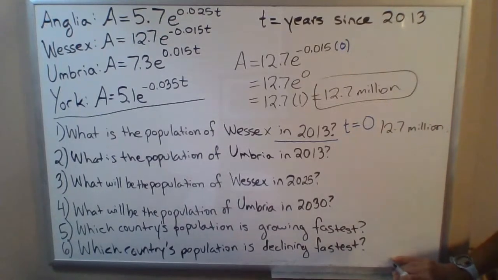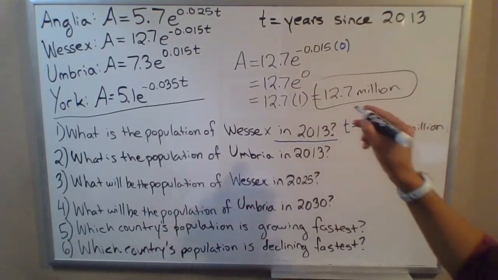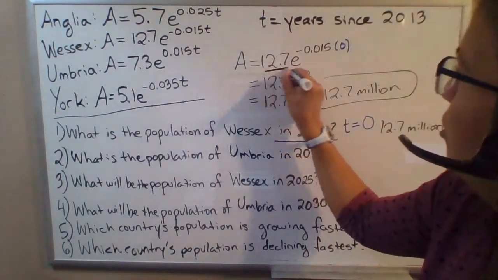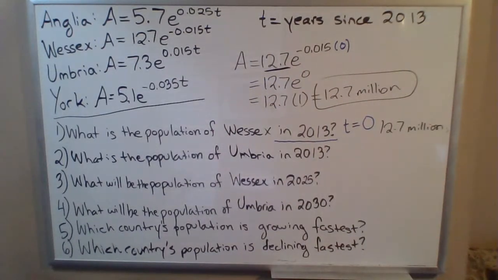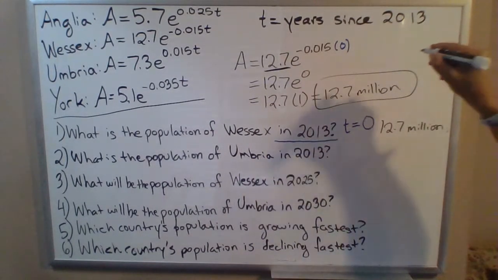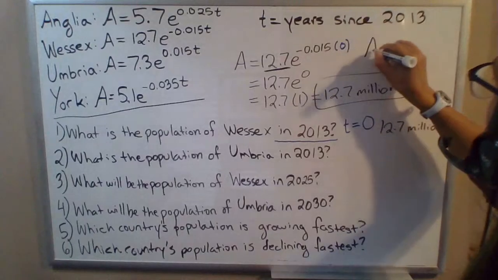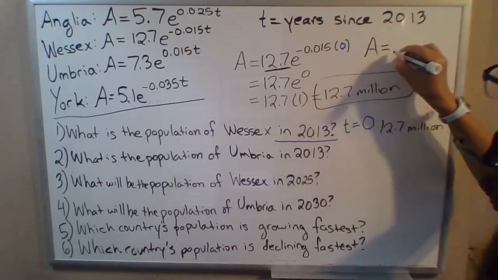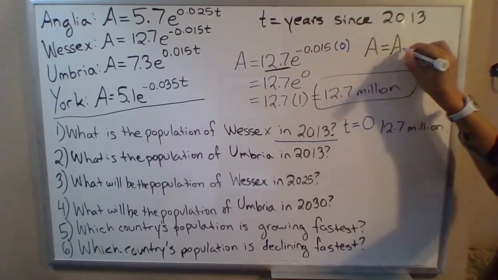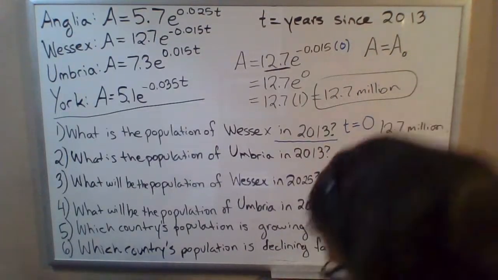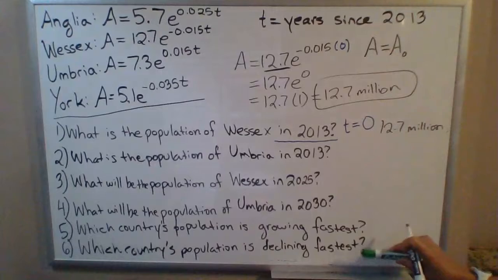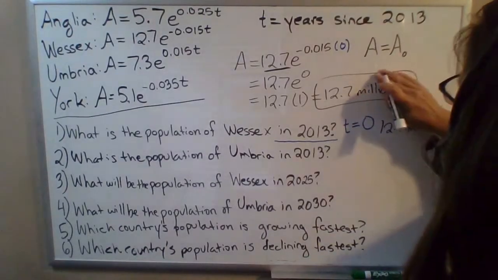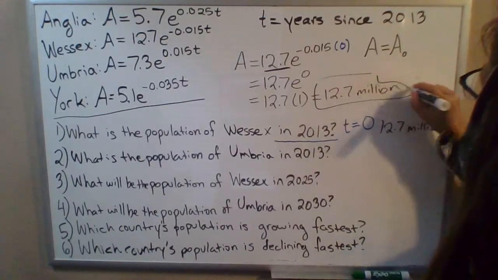One thing that we might note here. We ended up getting just this coefficient value, in this case 12.7, which, if you look at the general model that I've written in the study guide for this section, the general model for population growth is A equals A naught, or A0, which represents the initial population. I'm going to make that note here.